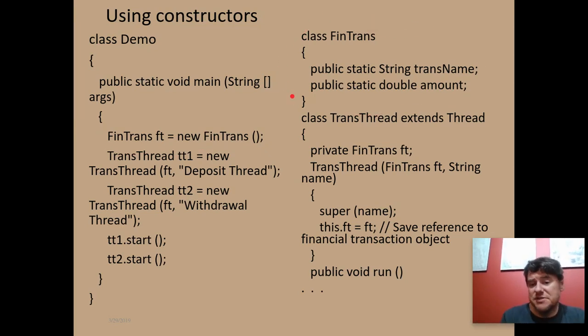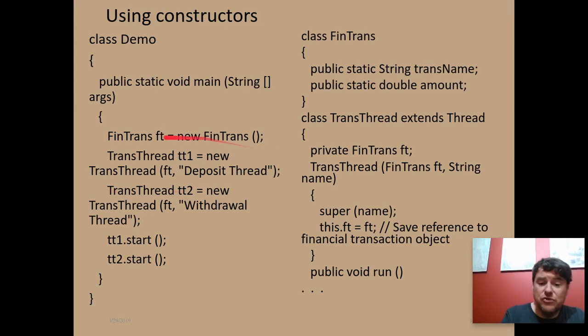It just has two public variables in it. So all we're doing is encapsulating those public static String and public static double variables inside of a class, and then we're creating a new object of that class in our main program. And then we're actually able to pass that over to the other thread.